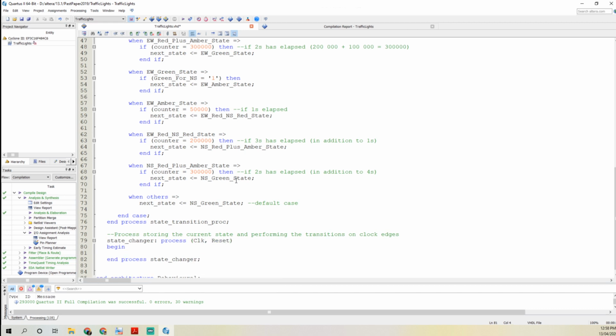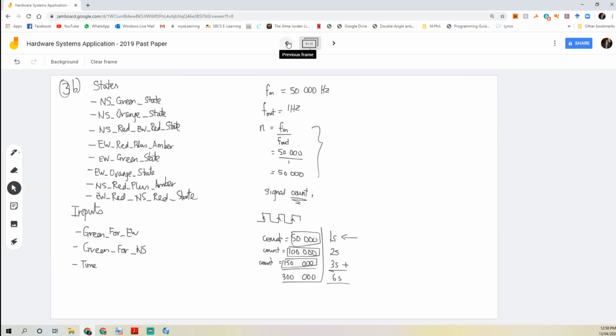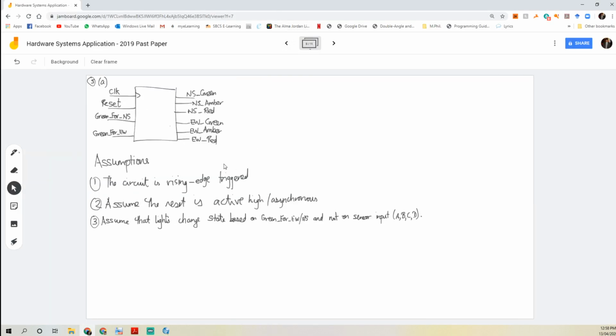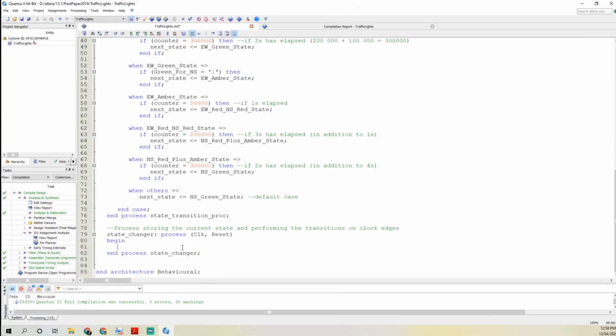All right, so we stated that we wanted the reset to be an active high asynchronous reset in our assumptions in part A. Right, we said that assume the reset is active high and asynchronous. So the first thing we're going to look at is the value of the reset signal. So if my reset is equal to 1, then what happens?